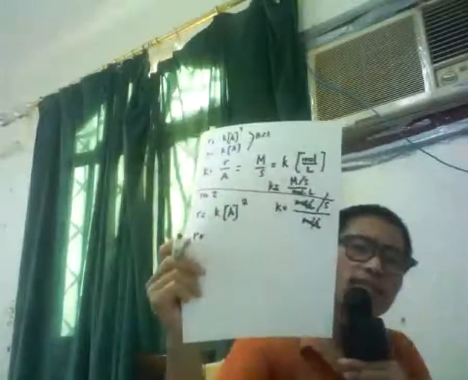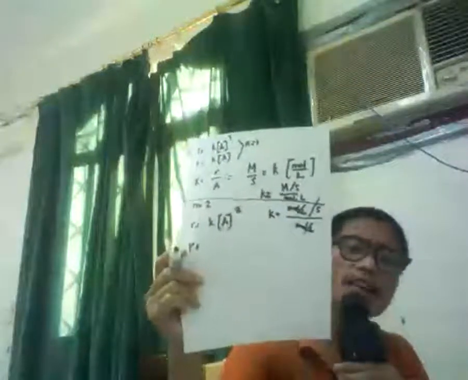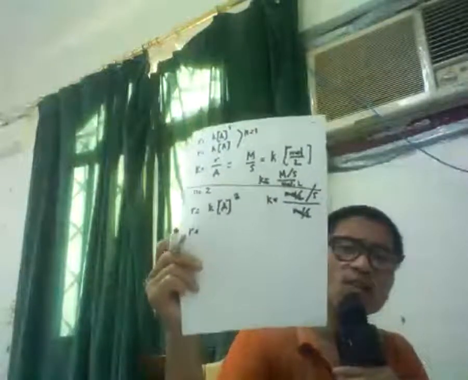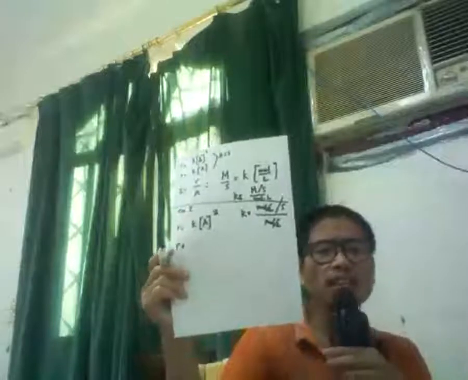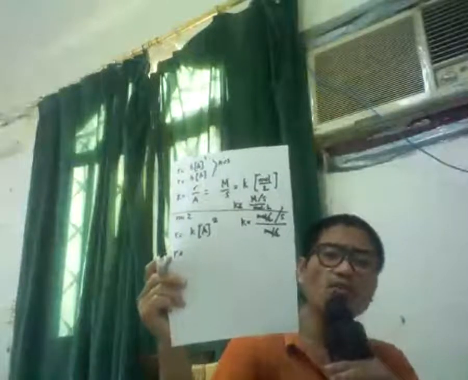The moles per liter will be cancelled. What's left is 1/second. So the unit of the rate constant k is 1/second.